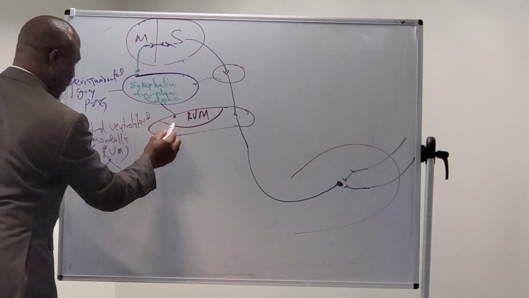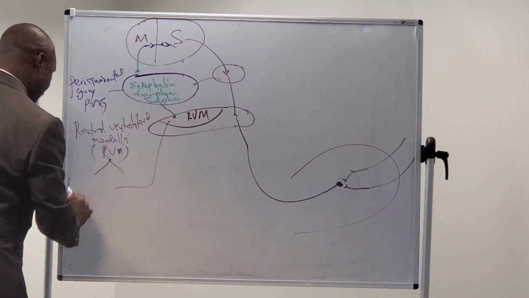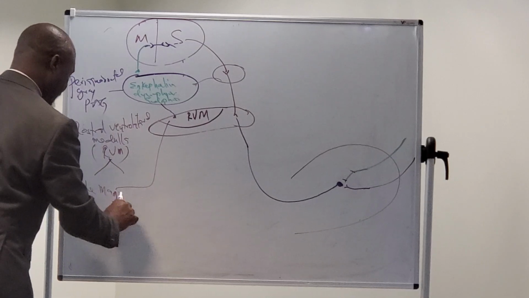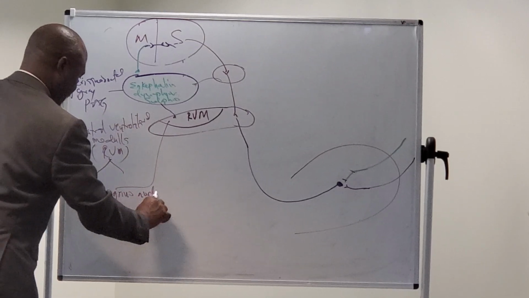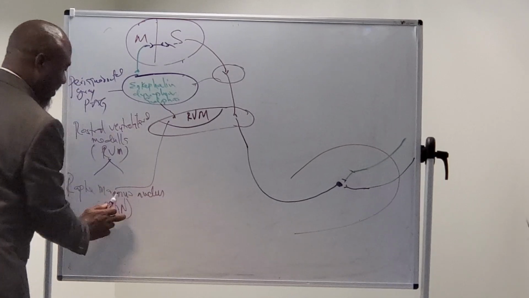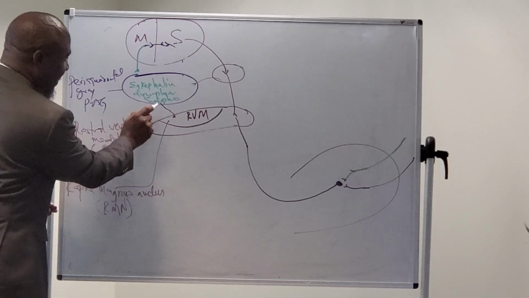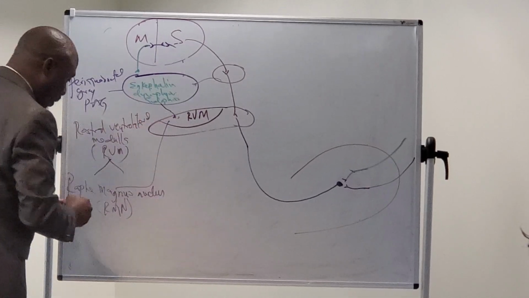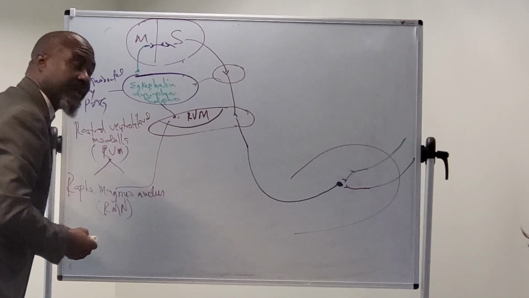The more dorsal portion is called the Raphe magnus nucleus. This Raphe magnus nucleus, when this enkephalin stimulates it, will produce what? To produce serotonin.